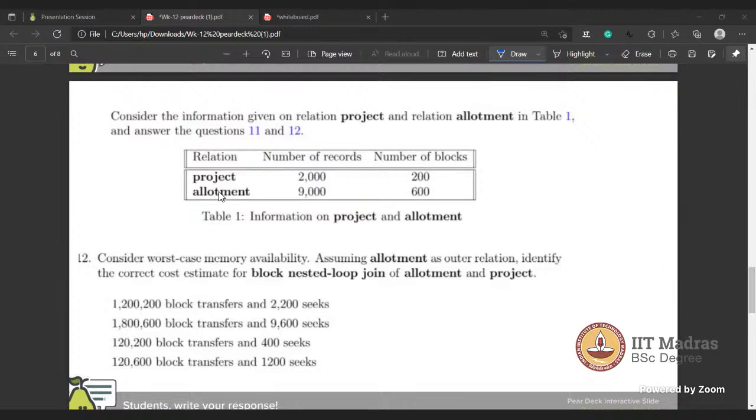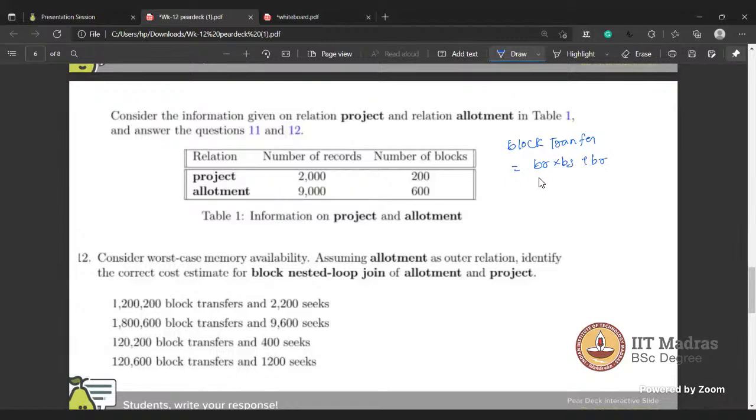Identify the correct cost estimate for the block nested loop join of allotment and project. So anyone, what is the formula for block transfers for block nested loop? BR into BS plus BR. Yeah, BR into BS plus BR.